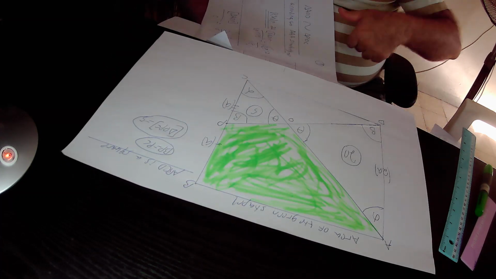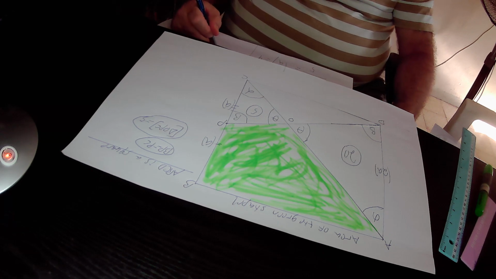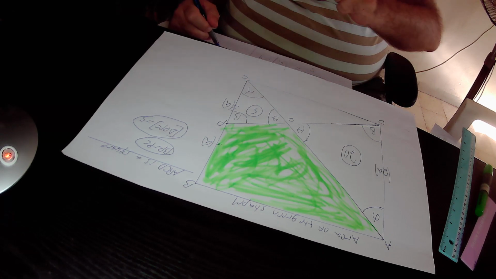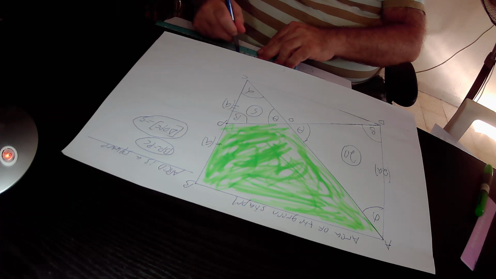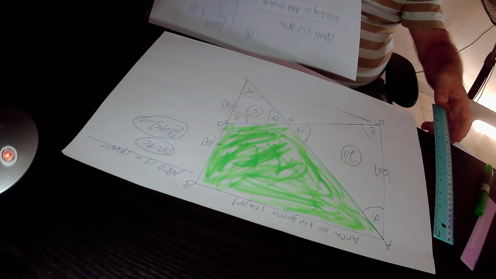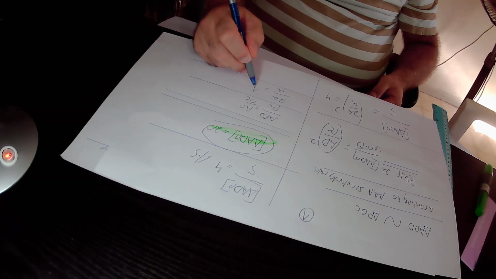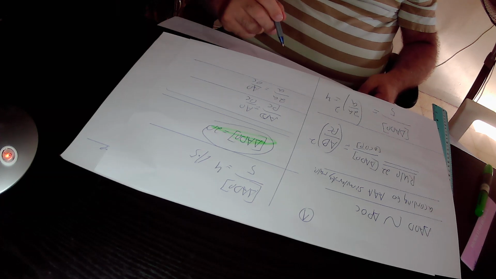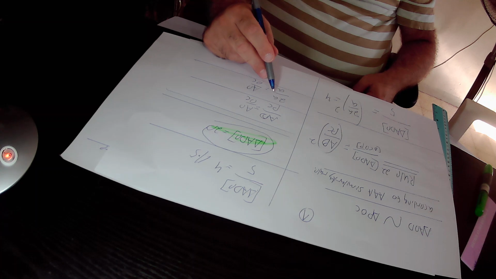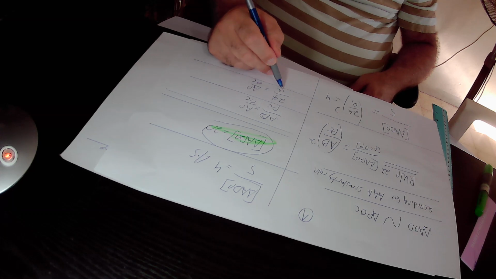AD equals 2A and PC equals A. So 2A over A equals AO over OC. We have A in the numerator and A in the denominator, so A will get cancelled and we are left only with 2.